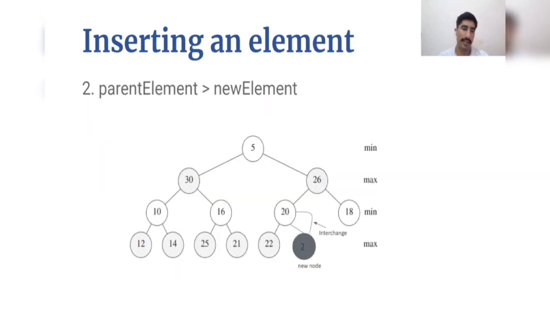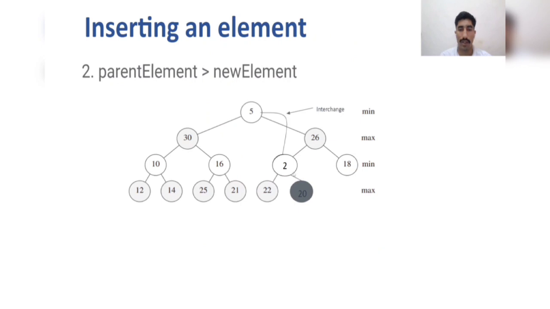Next, the second case, if the parent element is greater than the new element. Here we are adding 2 and its parent is 20. So this is the case where the parent element is greater than the new element. So we will interchange, or replace, with its parent and keep replacing in every min level until it reaches its actual position in the heap.